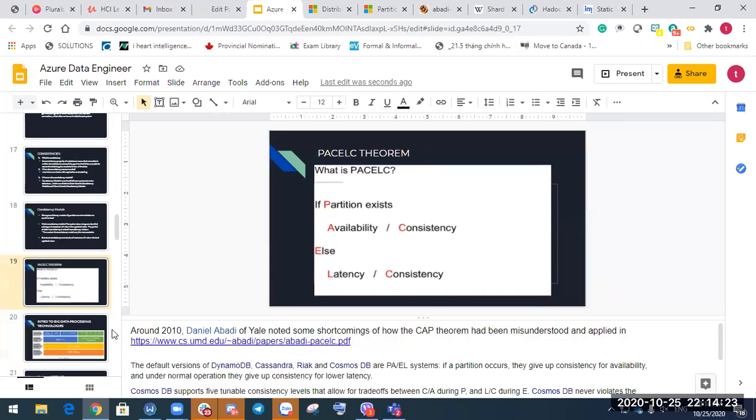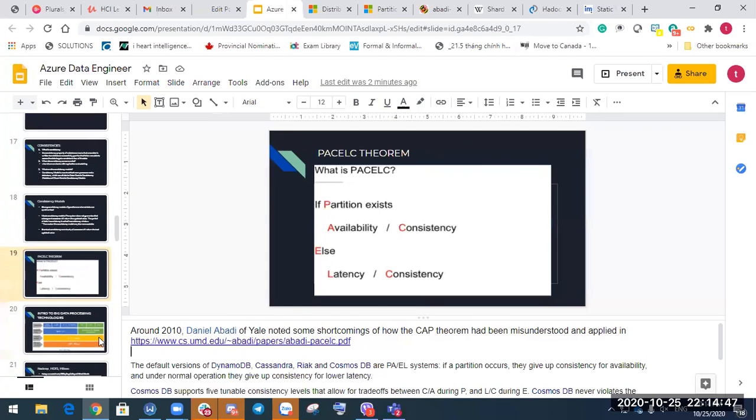I understand these theorems seem like they don't make sense when you first start, but once you see the Azure white paper, which is the main source that we will use for this class, you will start to make sense of why I highlight what the system goes for if a partition exists, and what the default design is.